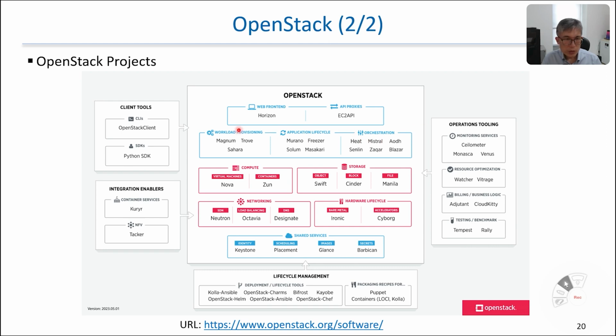Then there is the client toolkit: the OpenStack client, the Python SDK, and the user client-side integration enabler. Container services, Kuryr, and NFV Tacker are used. For operation tools, there are the monitoring service, resource optimization, billing, and business logic, and testing and benchmark projects. For lifecycle management, deployment and lifecycle tools, we have several tools, and also packaging recipes for OpenStack.